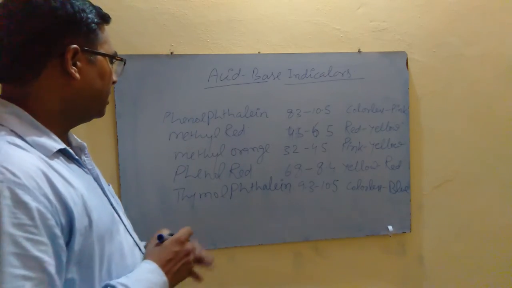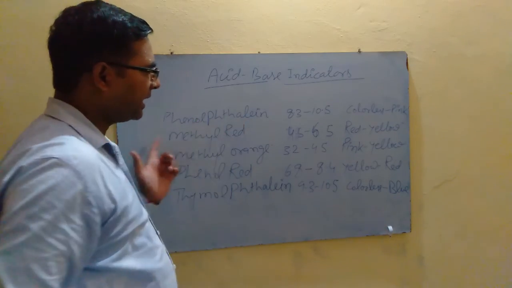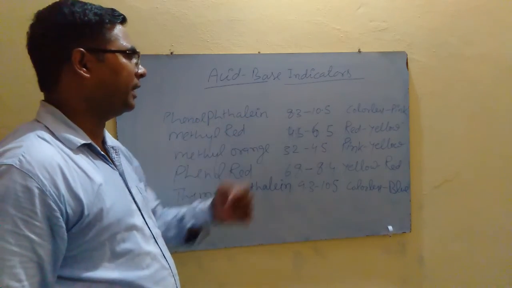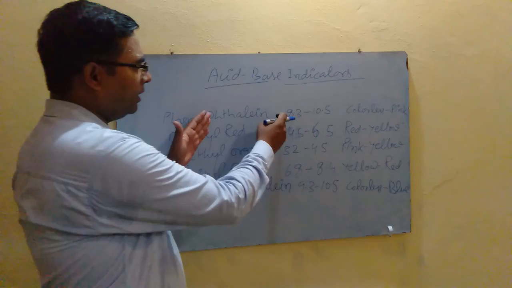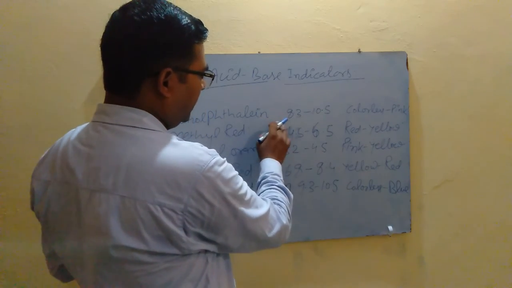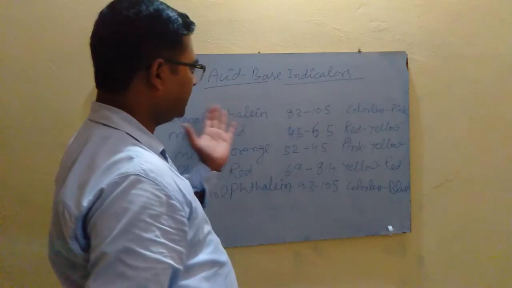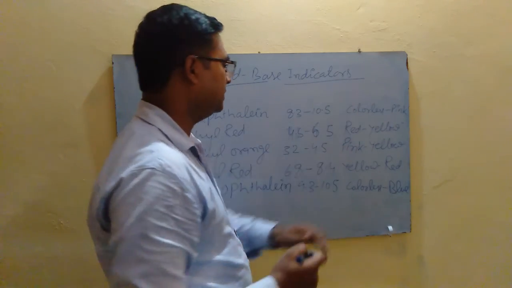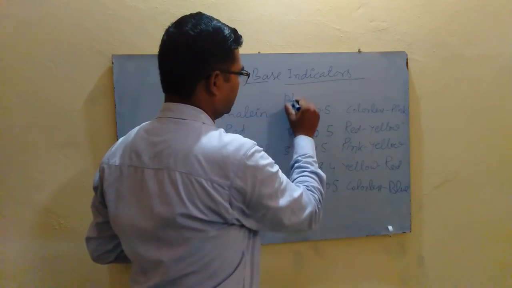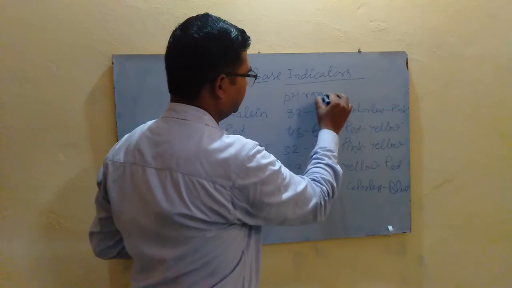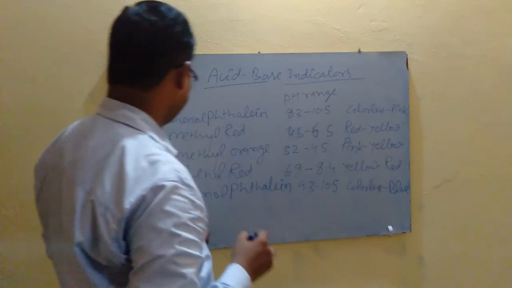For example, phenolphthalein, its pH range is 8.3 to 10.5. So before pH 8.3, its color is colorless, while after pH 10.5, its color is pink. This is called the pH range for an acid-base indicator.